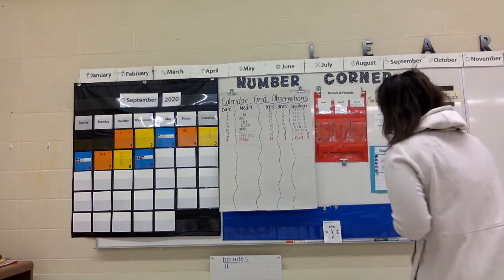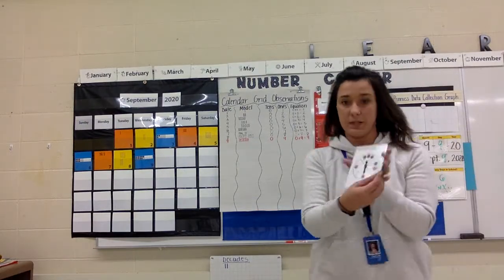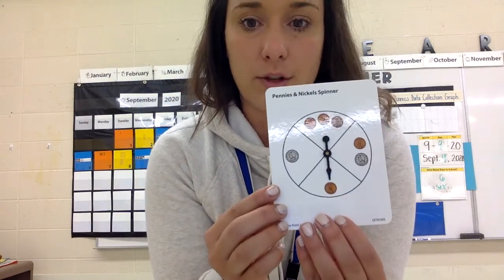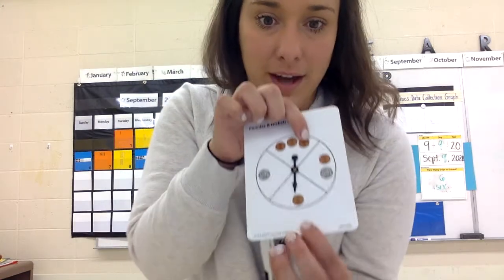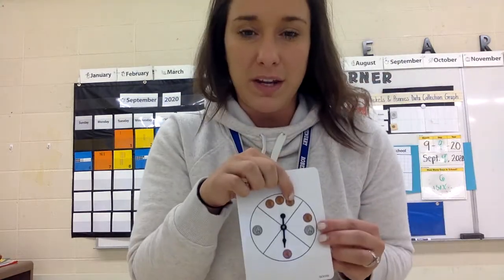So now we're going to spin our spinner. So here's our spinner. And what do you notice? So we did this yesterday. Well, I noticed right away that there's only nickels and pennies on here. But you can see each area is a little bit different. So we have 1, 2, 3 pennies over here, which that would be if we have 3 pennies, what is that worth? 1 cent, 2 cents, 3 cents.